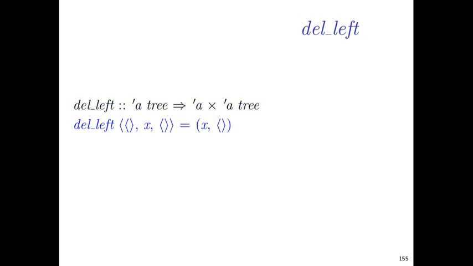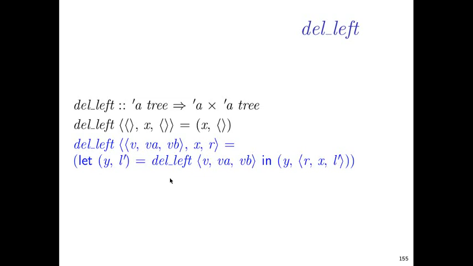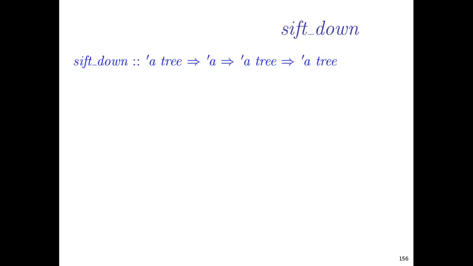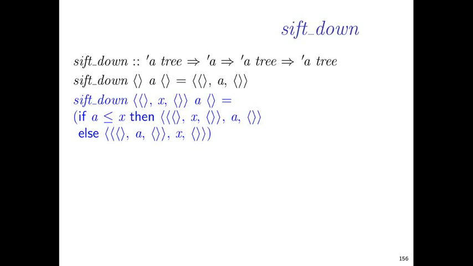Yeah, so we can delete the left, just descend to the left, and of course swap the subtrees. We already ensured that the invariant is preserved by this. And sift down, it's a standard sift down that you know from heaps. So for a leaf case, you just have to figure out the right order of x and a.